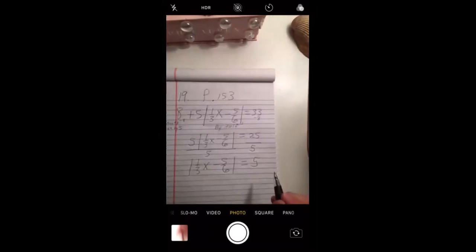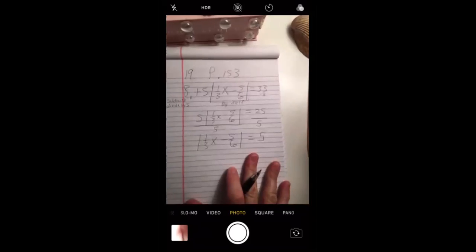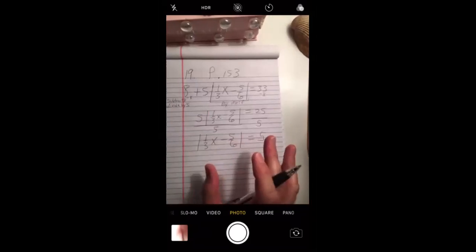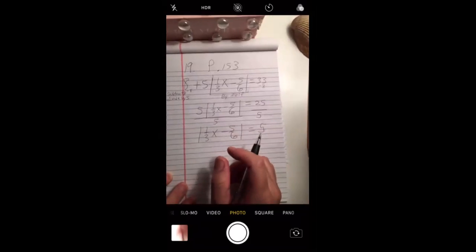Did we lose anybody doing that? Can everybody see this? Because it's a smaller screen, I'm trying to write bigger. Yes, I can see it. Okay, so you got the same strategy as the last problem.